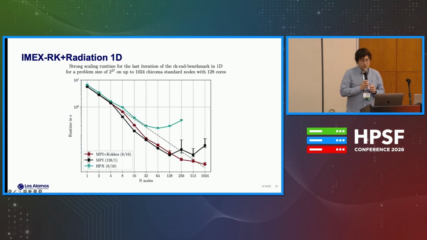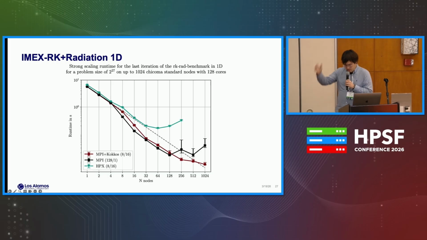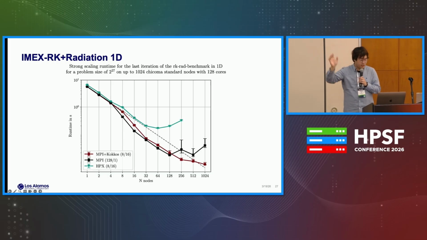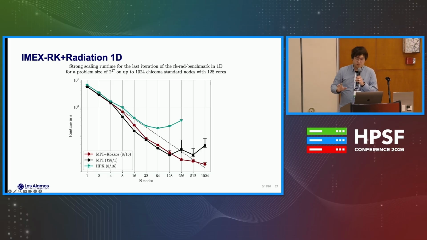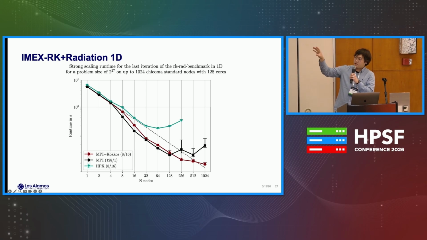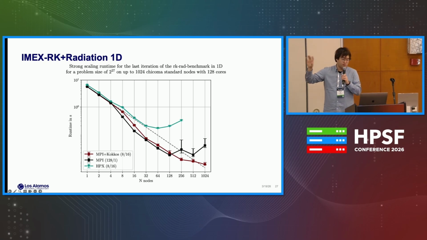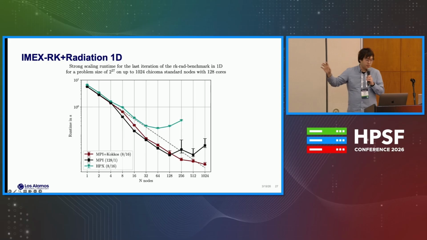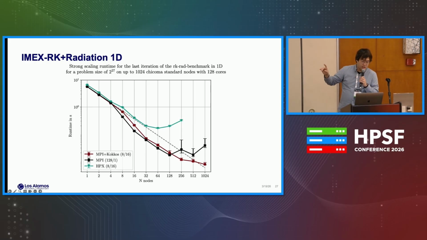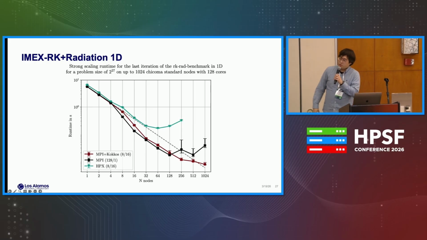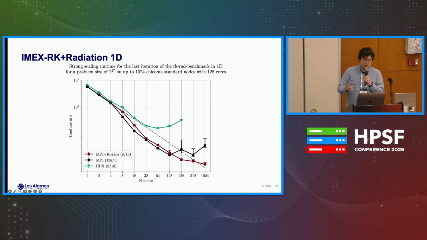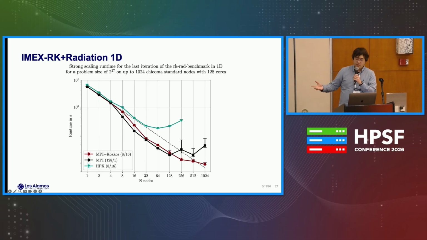So with that, we also do some scaling tests. We add all the possible physics that we want to see how it scales. We use IMEX with RK scheme and radiation in 1D, and run on a LANL cluster called Chicoma. And as Richard said, FleCSI also supports different backends.